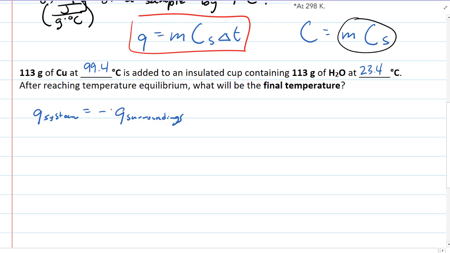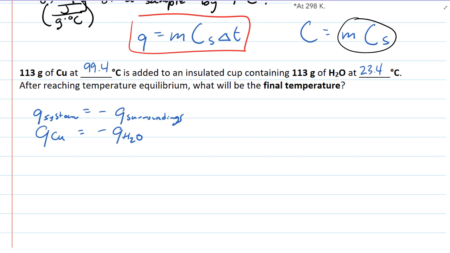So the Q value for the system is equal to the negative of the Q value of the surroundings. In this case, we could say that the system is the copper. The Q value for the copper is equal to negative the Q value of the water, of H2O. Again, what this is saying is whatever heat is lost by the copper must have been gained by the water. And that's why the signs on here are negative.